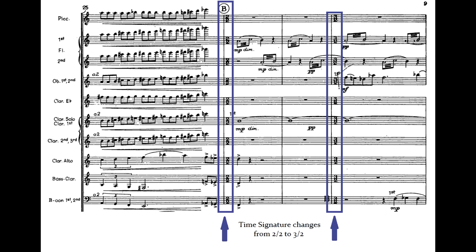Just like the tempo can be changed in the middle of a piece with a marking, a time change can be indicated as well. This example shows the time signature changing from 2/2 to 3/2.